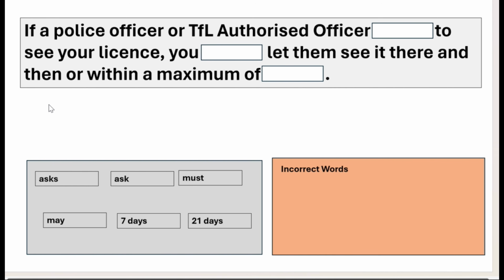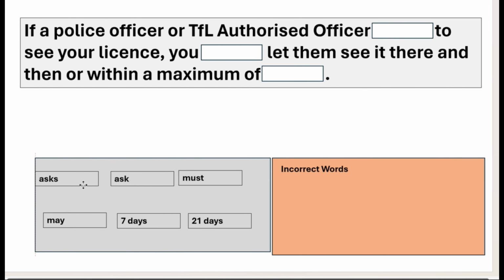I told you already: if it is third person singular. What is third person singular number? I'm saying again, you need to do some training for this. So it should be "asks", because the authorized officer or the police officer is a third person singular number.